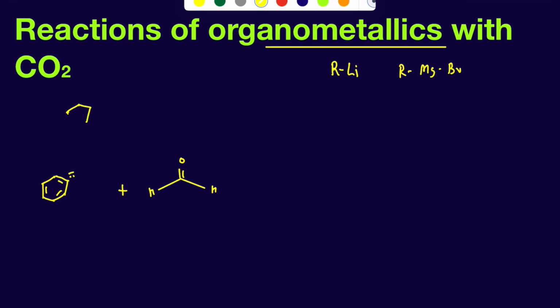I can have a bromobenzene or something like that, and I can use magnesium with ether, and that actually makes the Grignard here. And I could have used the lithium as well with the hexane, so it doesn't really matter which one you want to make, but it does have potential to make any one of those.